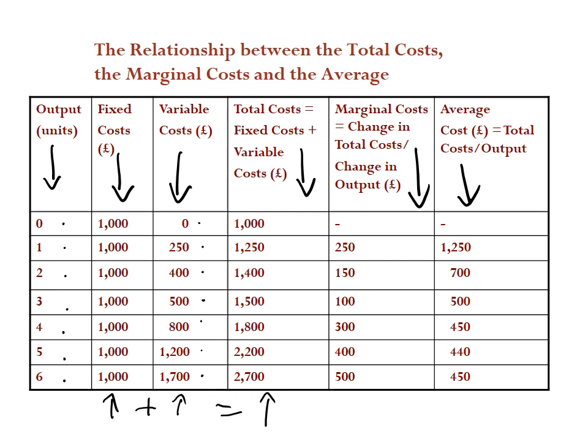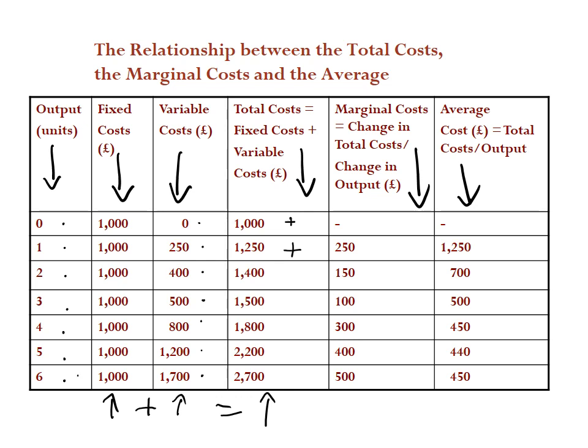So in the first row, when we're making 0 units, fixed cost was £1,000, variable cost was £0. Total cost in that instance will be £1,000. Second row, fixed cost, same thing at £1,000. Variable cost is now £250. Total cost will be your £1,000 plus your £250. That'll be £1,250.